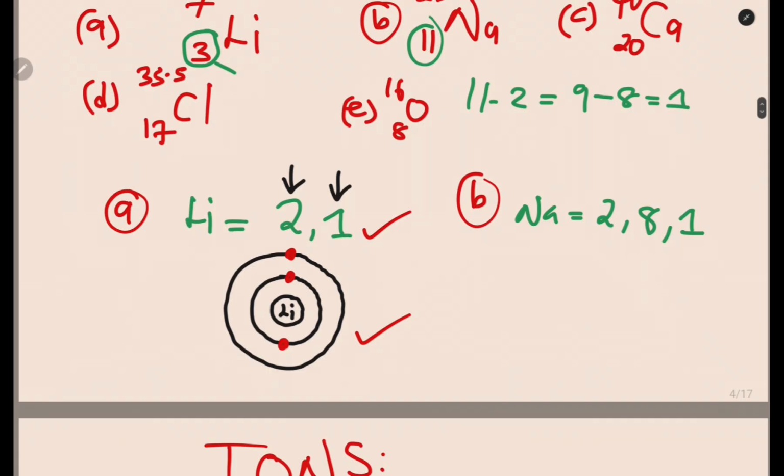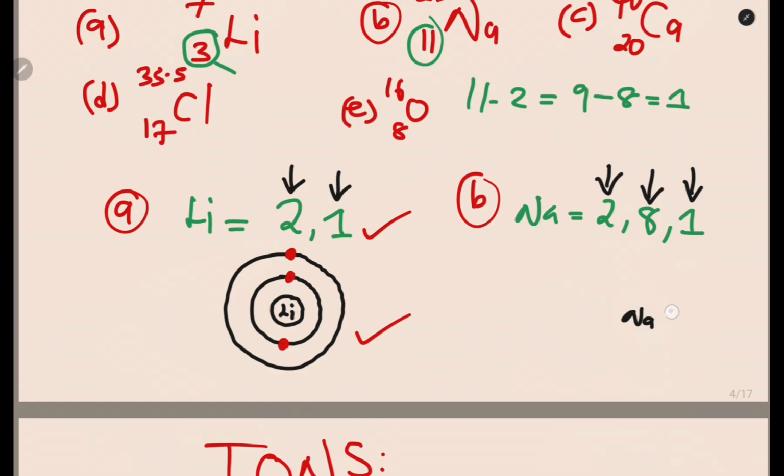Now, like I said, the configuration tells us the number of shells. So this is the first shell, this is the second shell, this is the third shell. Which means we are going to have 3 circles around the nucleus of sodium. So let me say this is the nucleus of sodium, Na.